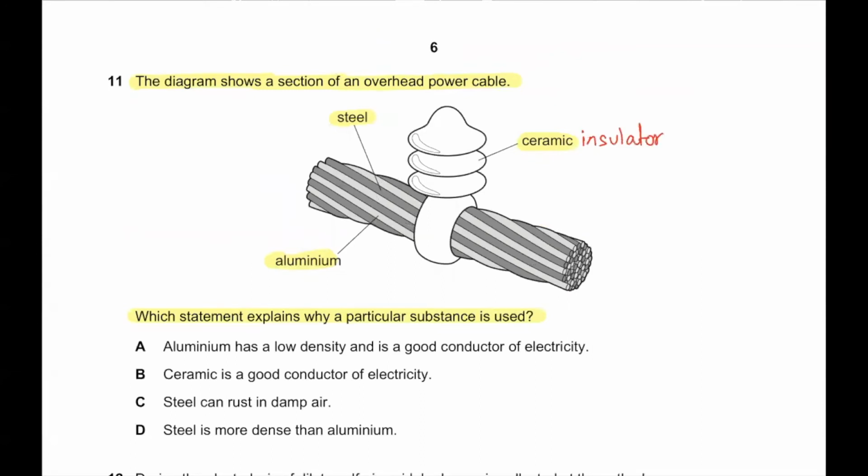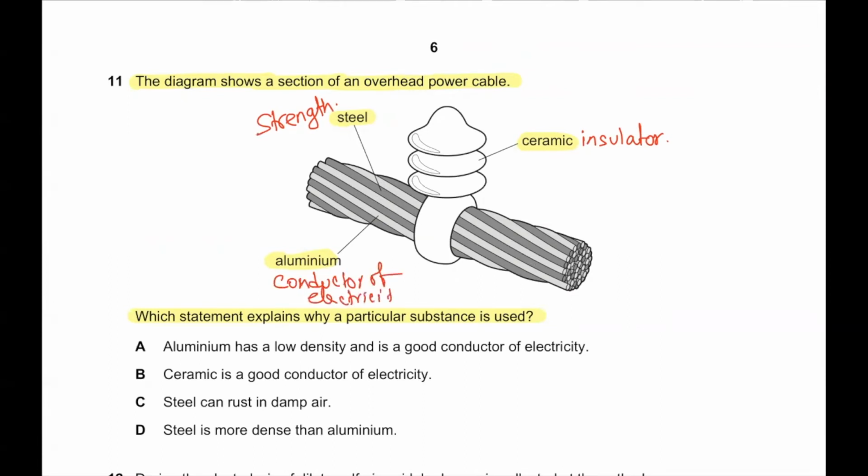It is going to insulate this particular electricity carrying cable from the metal structure, that is the pylon that is holding the cable. The steel is there for strength, not to provide electrical conductivity. Aluminium is the main conductor of electricity.